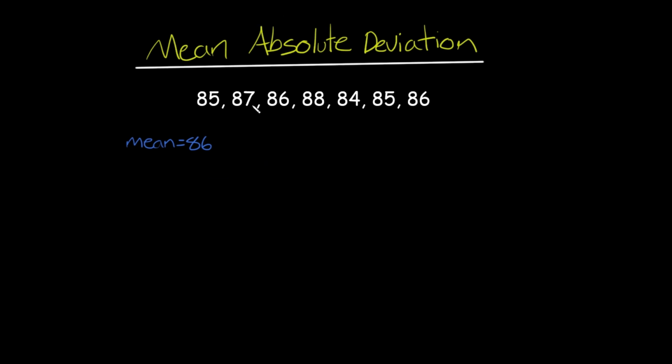So now let's calculate the absolute deviation of these numbers from that mean. Like I mentioned, it's going to be the absolute value of each of these points minus the mean.